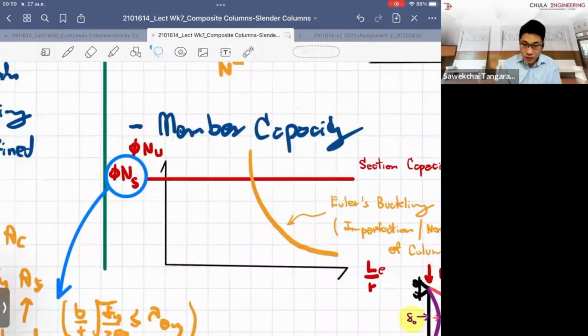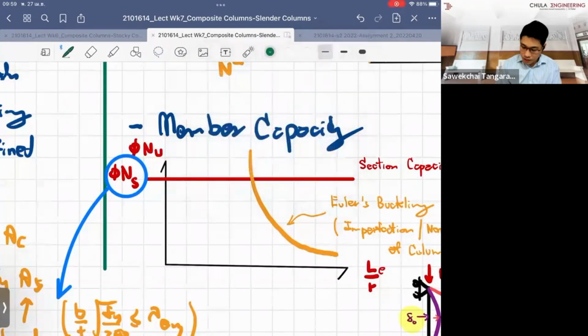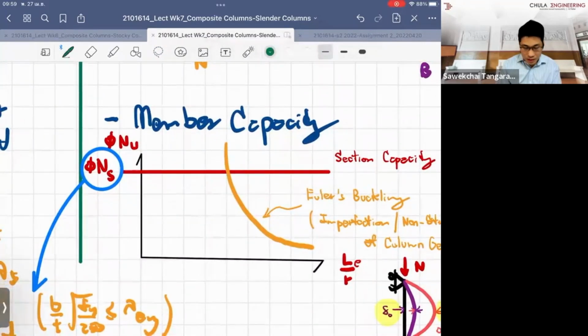This has been told in the steel code. And if you recall the envelope of the curve in the steel code, they said you may have the section capacities here, and you have the elastic and the inelastic lines.